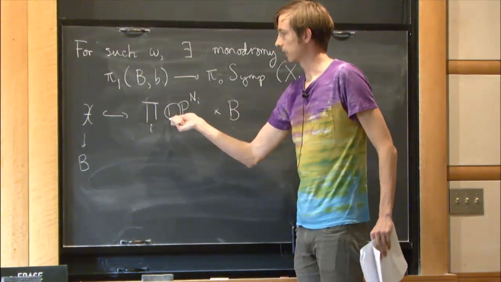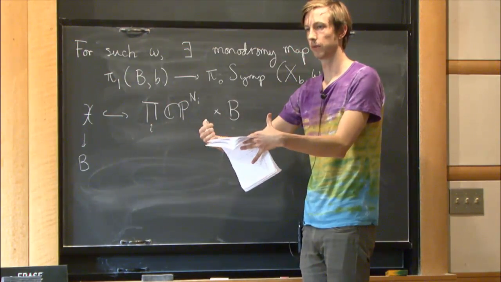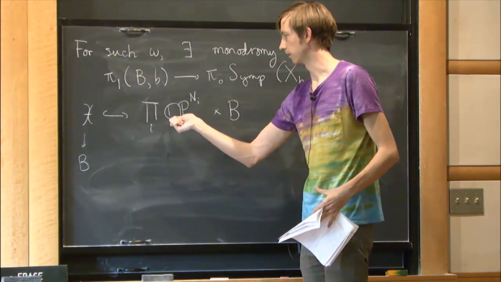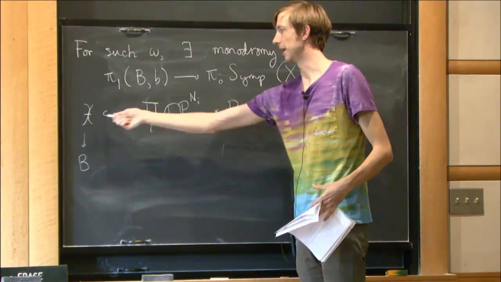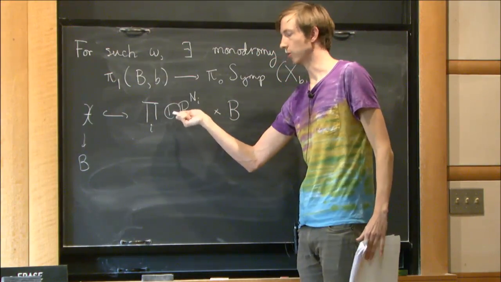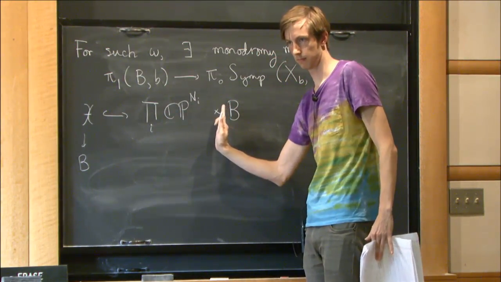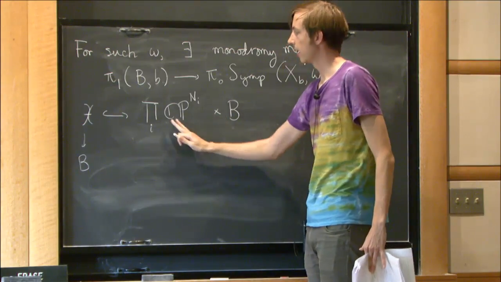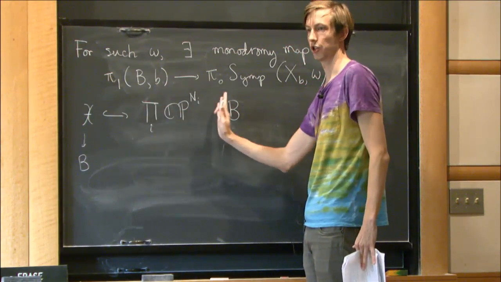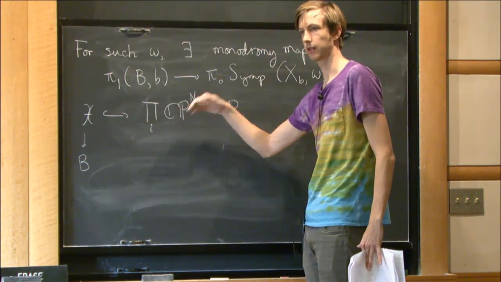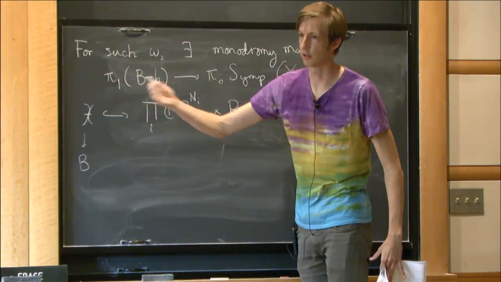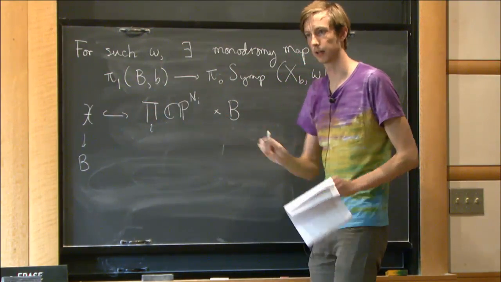We can choose a bunch of ample divisors and use the ample line bundles to embed this X into a product of projective spaces. And then we can take some combination of the Fubini-Study forms on these with coefficients lambda_i, say, and pull it back.